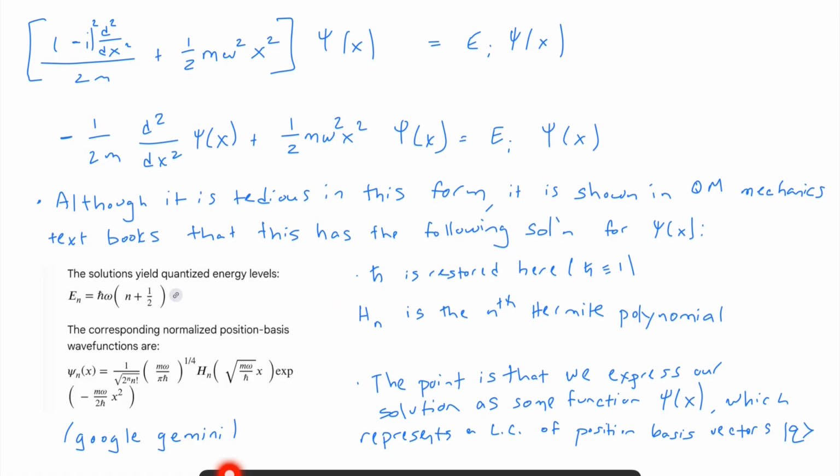I'm setting the h bar to one here, and I just popped this into Gemini to get the actual equation of the simple harmonic oscillator. You can look at any quantum mechanics textbook to look at this. And these use Hermite polynomials and things like that. The whole point of what I want to say here is that we expressed our solution as some function, psi of x, which represents a linear combination of the position basis vectors. It's a complicated function, but that's the idea.